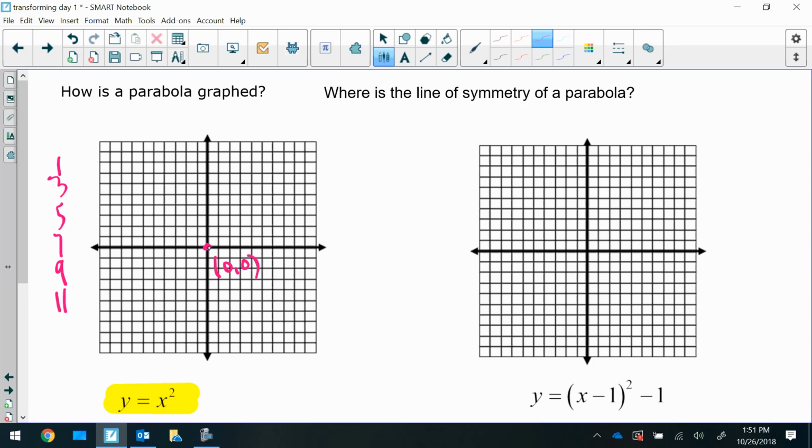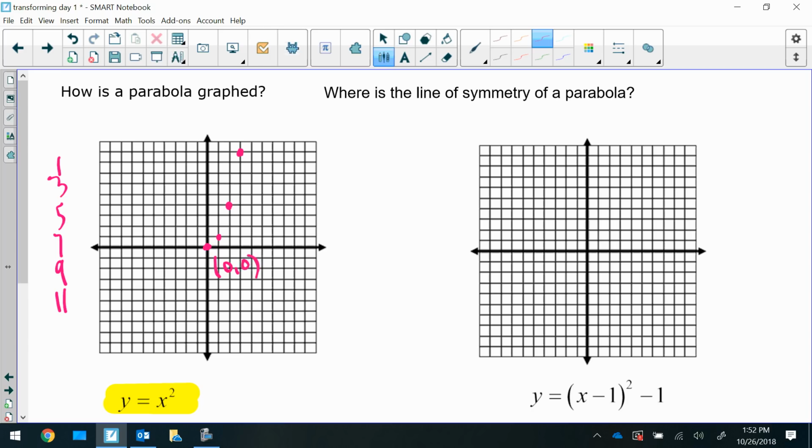What I mean by that is you start at your vertex, you go 1 to the right, you go 1 up. You then go 1 to the right, and then you go 3 up. You go 1 to the right, and then you go 5 up. If I didn't run out of room, I would go over and go up 7. Then I would go over and go up 9. I would go over and go up 11.